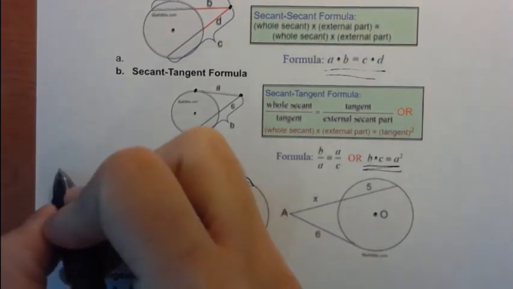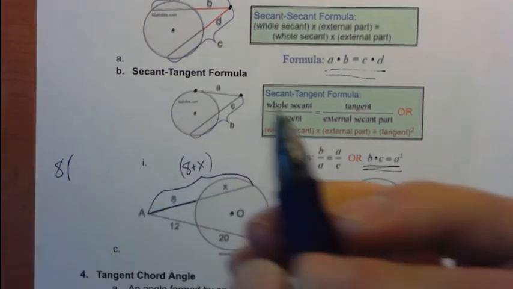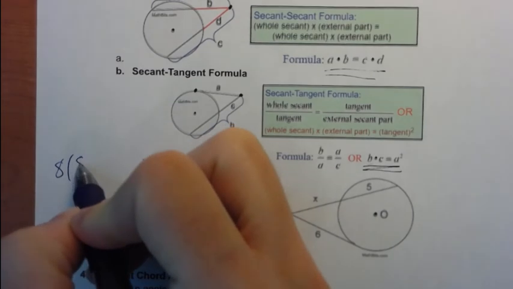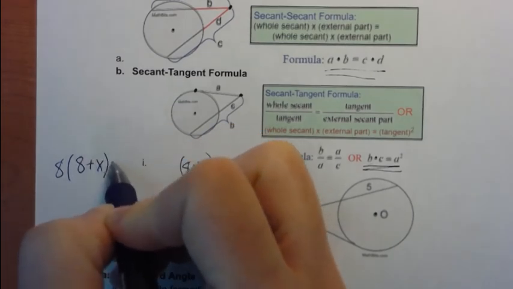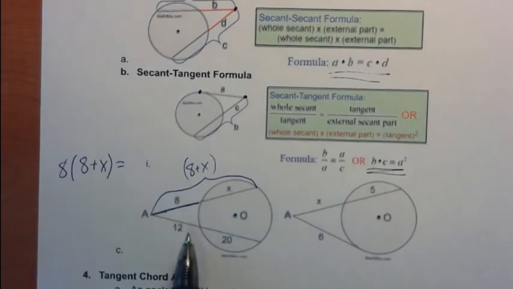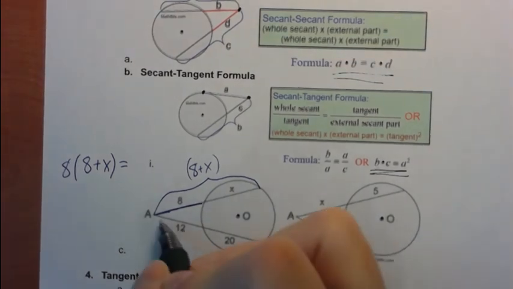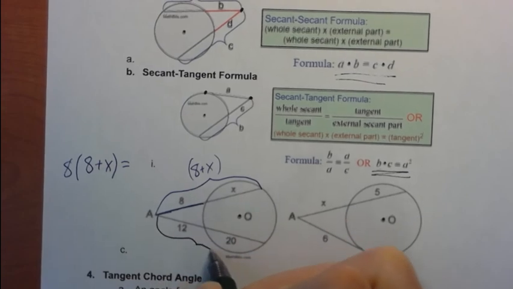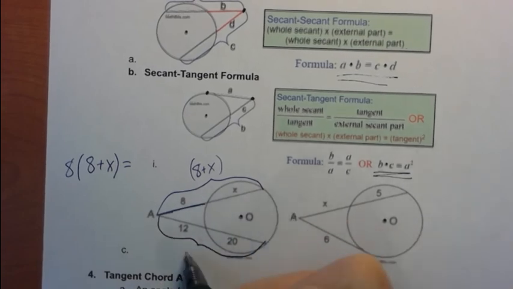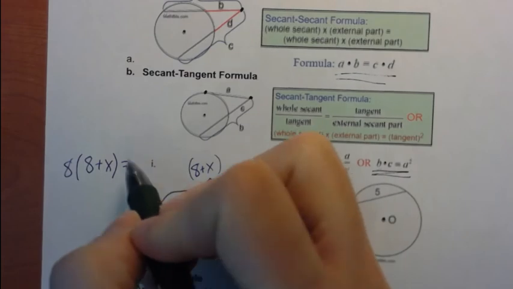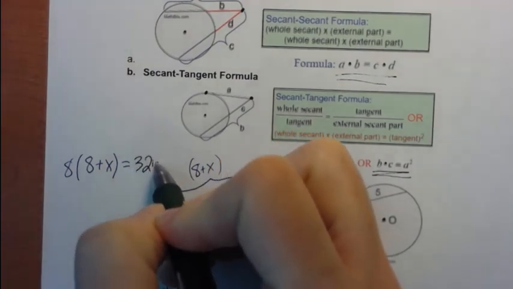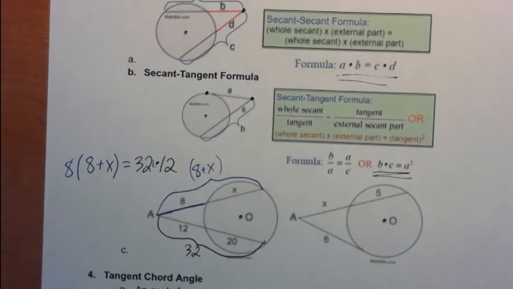So we have 8 times the whole thing, 8 plus x. And then we have the whole thing on the bottom, which would be 32 times 12 for the outside portion. So we have that right there for our setup.